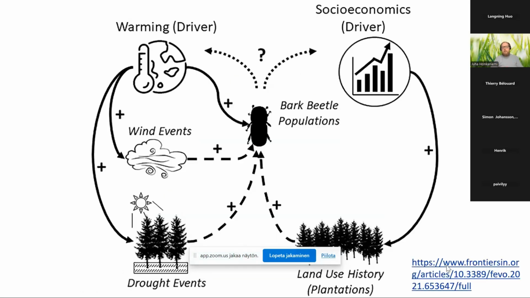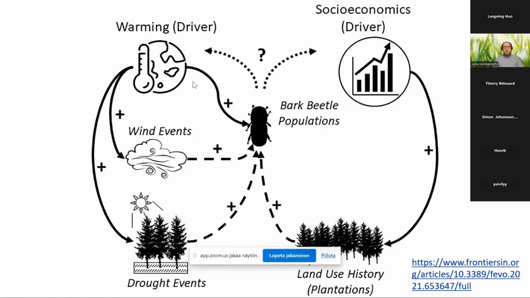A good example of that is bark beetle populations and what kind of different drivers are affecting bark beetles, and what we should take into account when we are creating simulation models for bark beetles. First of all, the warming and changing climate is a big driver for bark beetles.